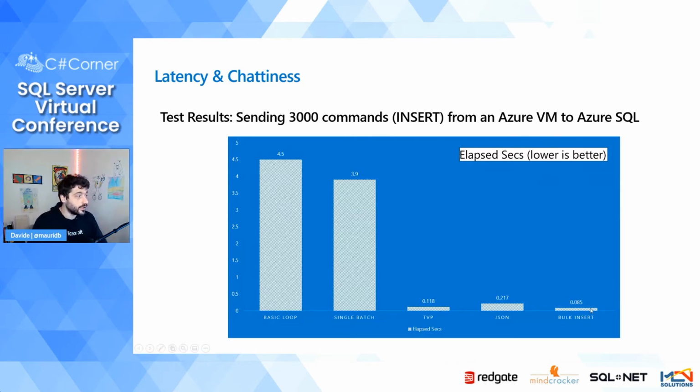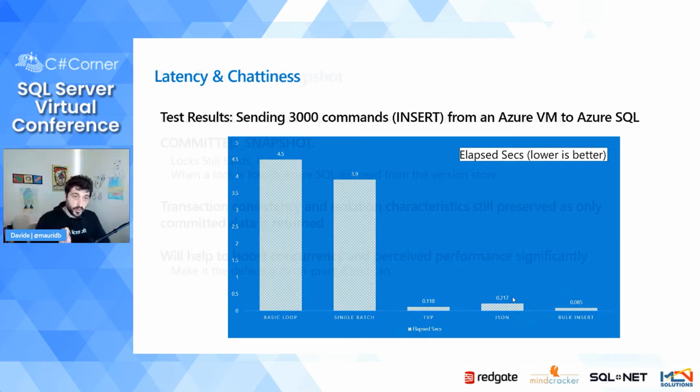But if I move to bulk insert or TVP or JSON, all these choices outperform the brute force approach of 3,000 commands, 3,000 inserts. This is one command with 3,000 rows. And as you can see, the improvement is amazing. So this really makes a difference, creating a huge performance improvement for your application.